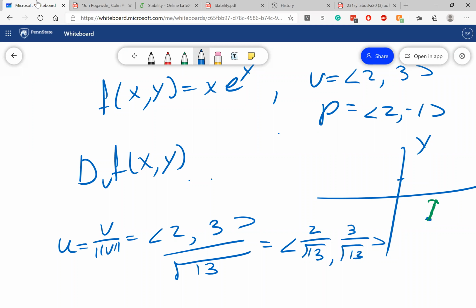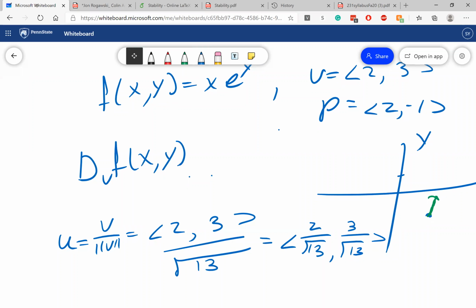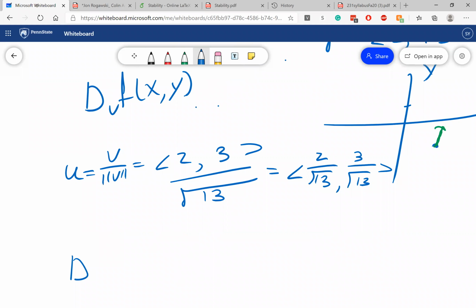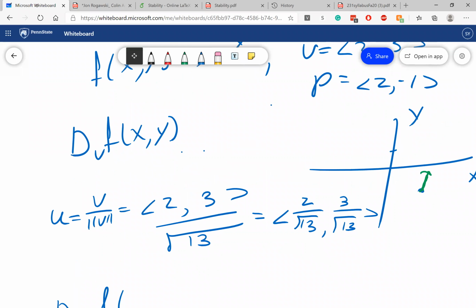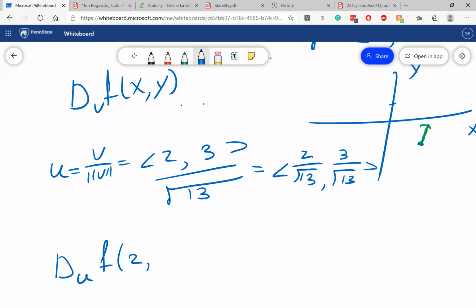That's going to be my u. And so we can say that the directional derivative in the direction u of f at the point 2, negative 1 is equal to the gradient of f at the point 2, negative 1 dotted with 2 over the square root of 13, 3 over the square root of 13.